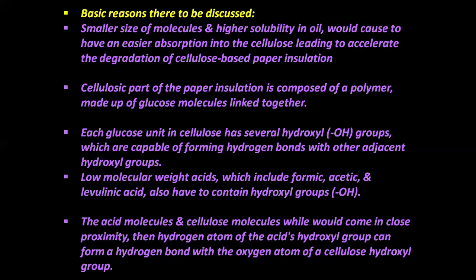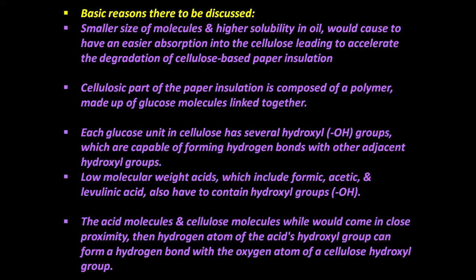Cellulosic part of the paper insulation is composed of a polymer made up of glucose molecules linked together. Each glucose unit in cellulose has several hydroxyl groups which are capable of forming hydrogen bonds with other adjacent hydroxyl groups.